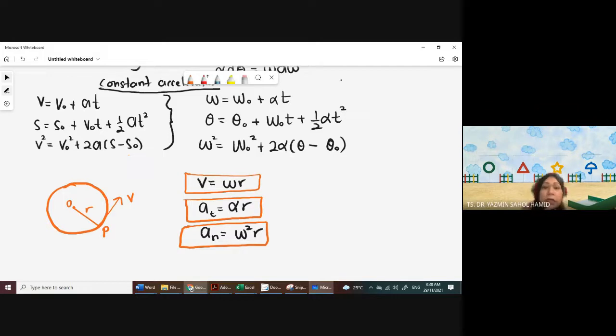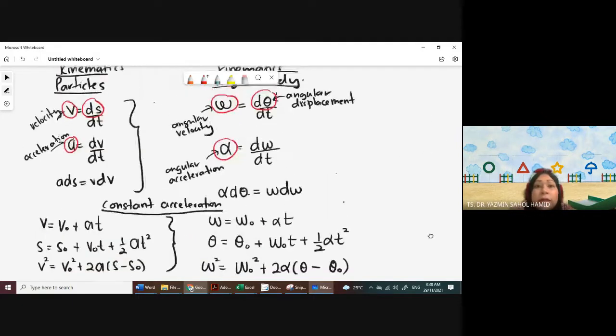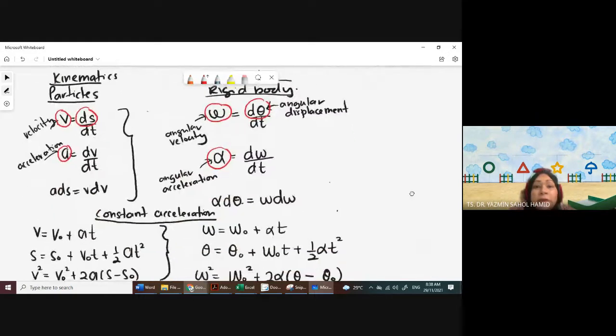For angular motion, for velocity we use the symbol omega, and for angular acceleration we use the symbol alpha. That one you understand, yeah? So those are the things that you need to understand, and we have gone through all these formulas related to kinematics of rigid bodies.